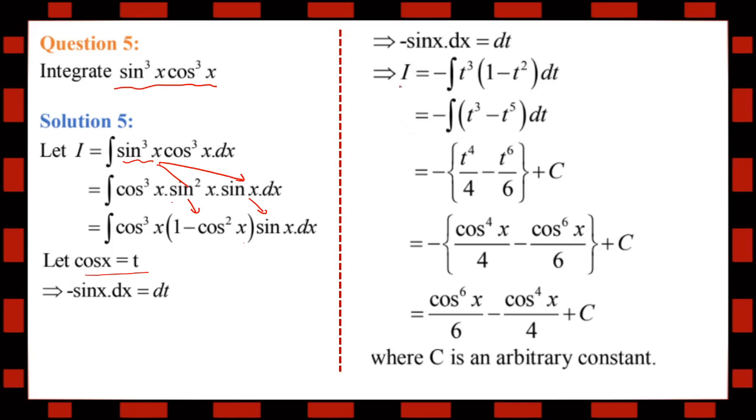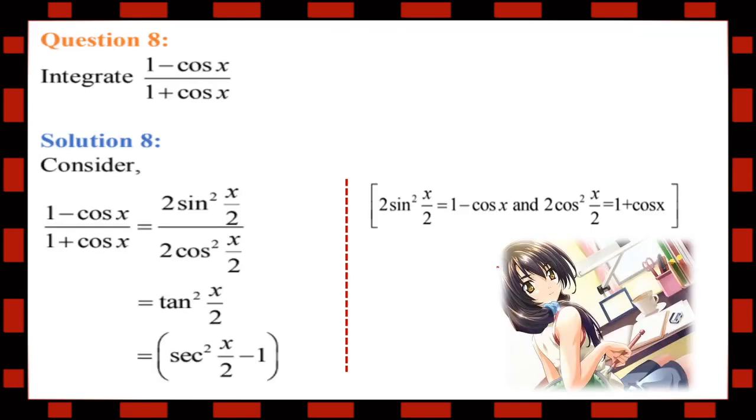And now putting the values in this integral, sin x dx is equal to minus dt. Cos cube x is t cube and 1 minus cos square x is 1 minus t square. After that, open the brackets, split, take the integral and put the value of t back.